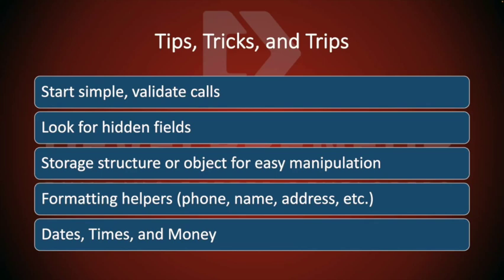You're going to want to look for hidden fields. And by that, those are going to be things, particularly on a website, fields that are of type hidden, things that are not necessarily obvious. In an API, they may be some things that are maybe even undocumented.